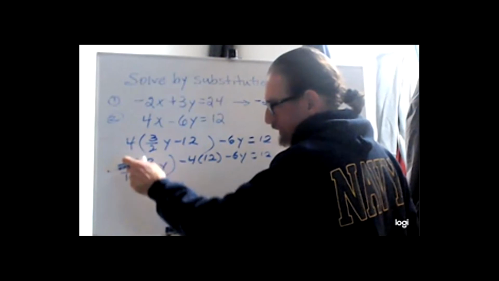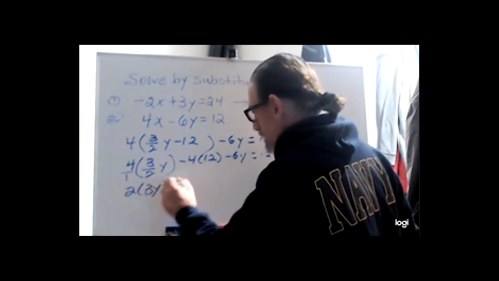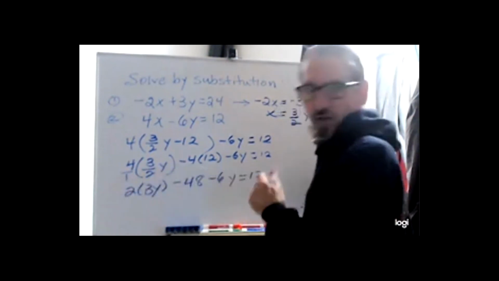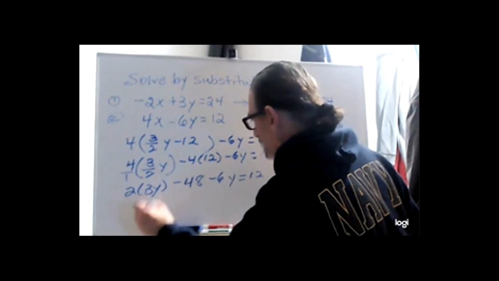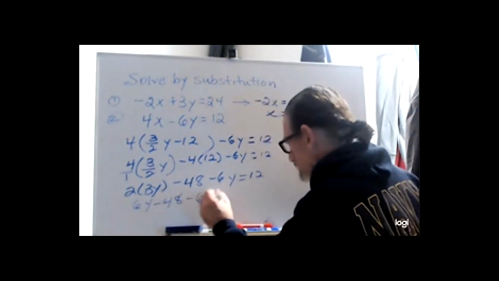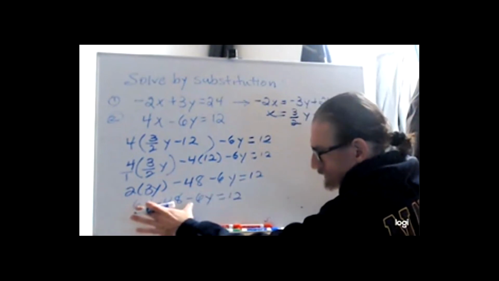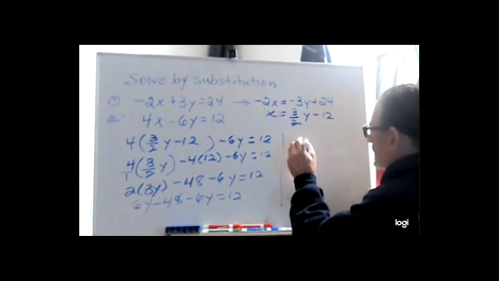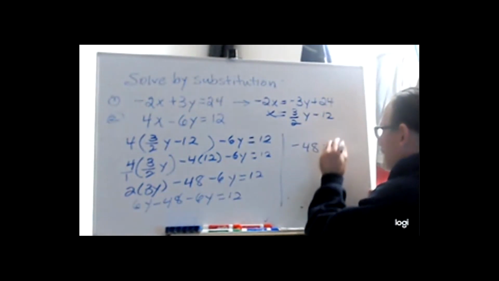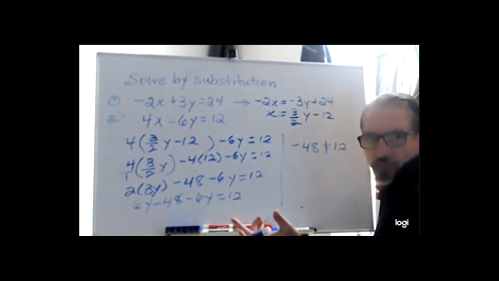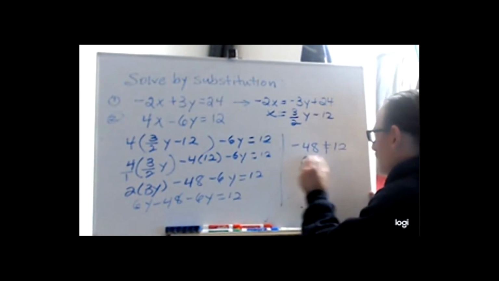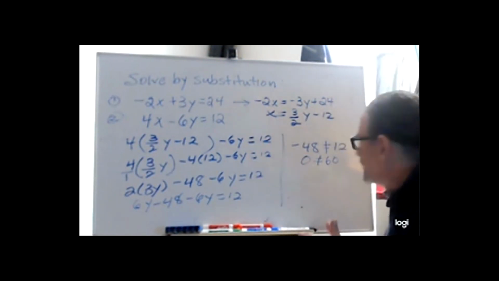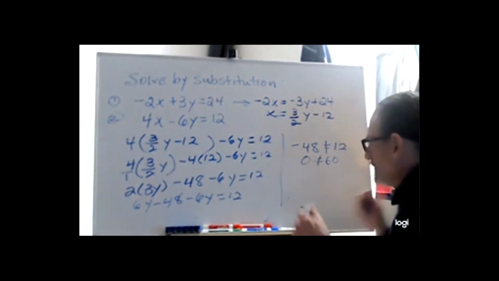You're going to have 2 times 3y minus 48 minus 6y equals 12, and 2 times 3y is 6y. 6y minus 6y, when you combine the like terms, you get these two different numbers, negative 48 equaling 12. If you went any further, you could add 48 to both sides and get 0 is not equal to 60. In this case, when all the variables dropped out and we get different numbers, I claim there is no solution.